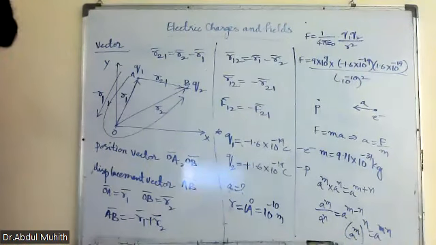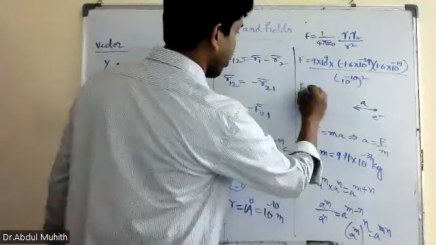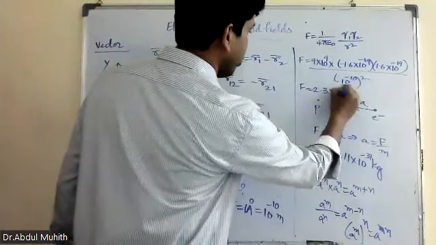Yeah, exactly. That is the force, right? Very good. 2.3 into 10 to the power of minus 8 newtons. Okay, write the units.